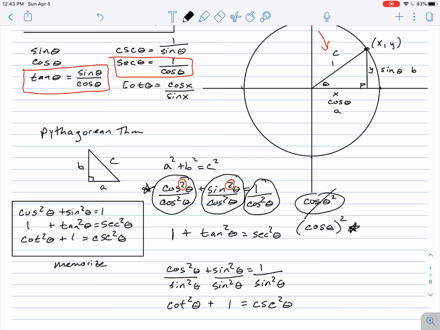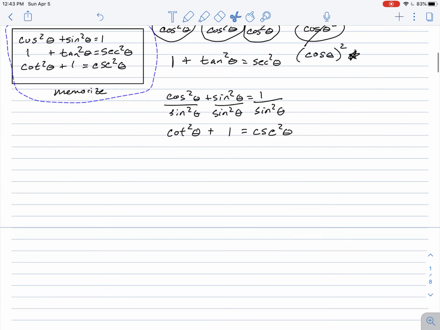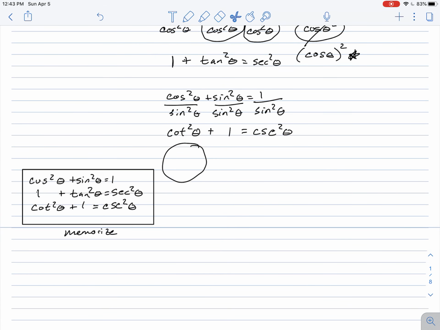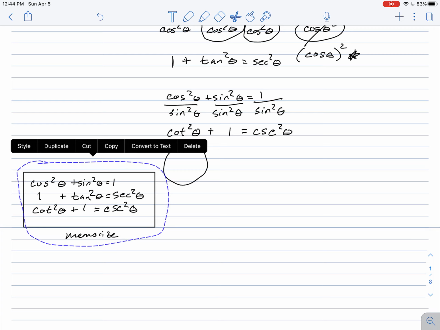You can do either one, however you choose to proceed. Okay, so these are the formulas that we're going to use today in simplifying our expressions. I'm going to cut these out and pull them down here so we can look at them as we're doing problems.